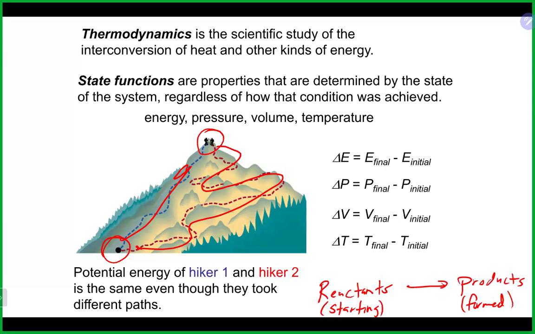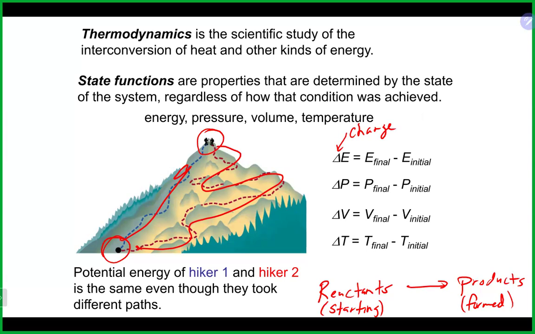When we calculate things like change in energy, change in pressure, change in volume, and change in temperature, the little delta symbol means change. We take the final minus the initial to figure out what it is.